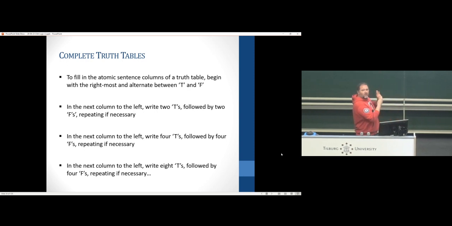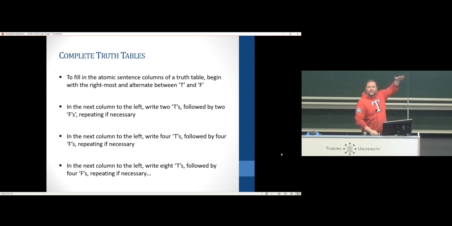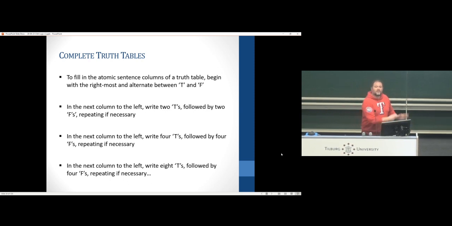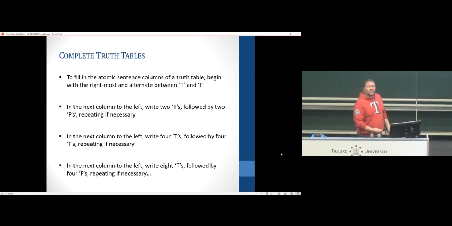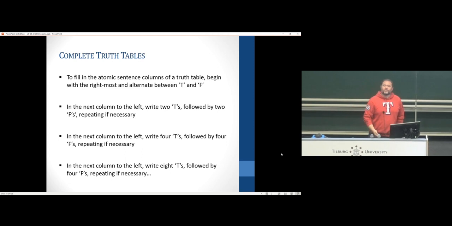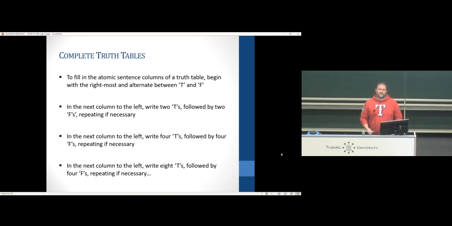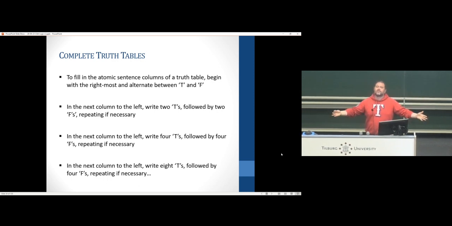Then the next column over, you do 2 T's, 2 F's, 2 T's, 2 F's, for however many you need. Then the next one over is 4. Then the next one over is 8, and so on and so on, doubling every time you go. Now this is a lovely method because it's mechanical. You don't have to think, you don't have to worry about whether you've got every possible combination. You just do it automatically.